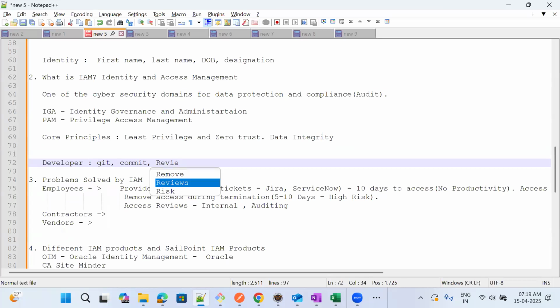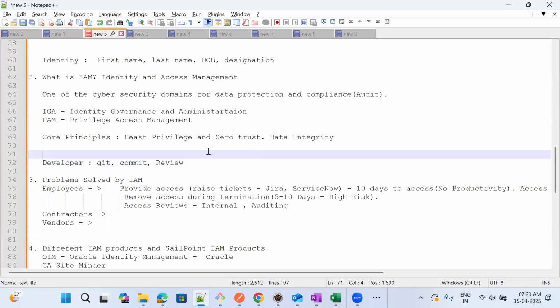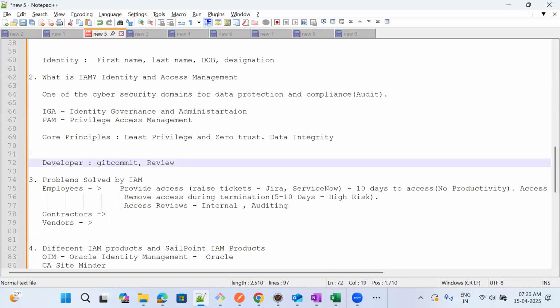Code review will be done by a senior developer or someone else, let's say. So this is the application, and within the application we have two things. Let's say one is adding the code, and the second one is reviewing the code. As a developer, I will add the code, but I should not be able to review it, because a review is something that needs to be done by someone senior to me, not me.